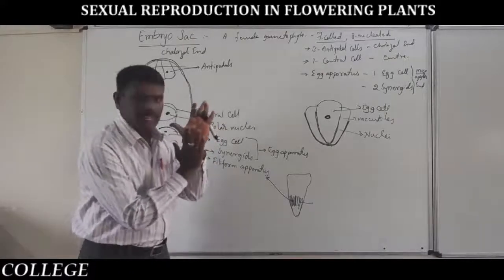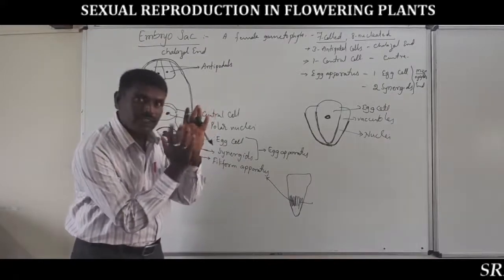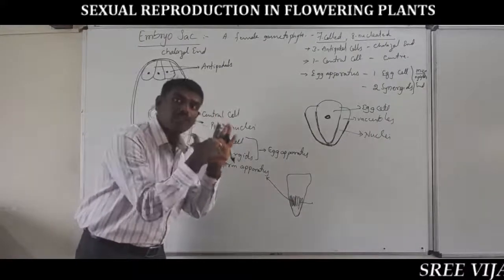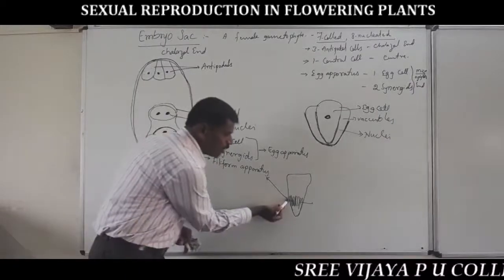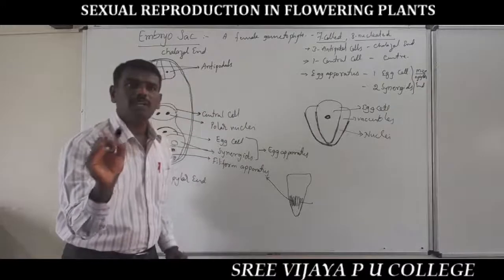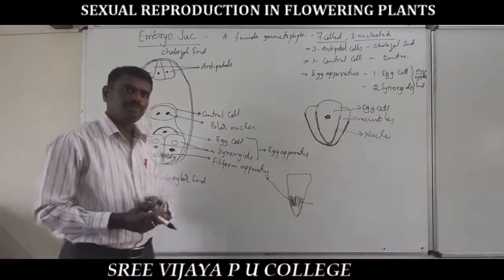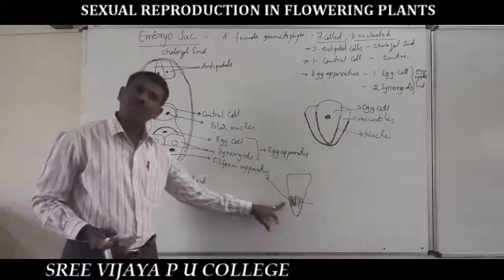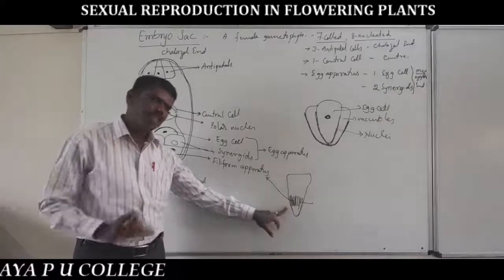Sometimes the ends of the finger-like projections may be introduced into the cytoplasm of the synergid. The filiform apparatus originates on the walls of the synergid.